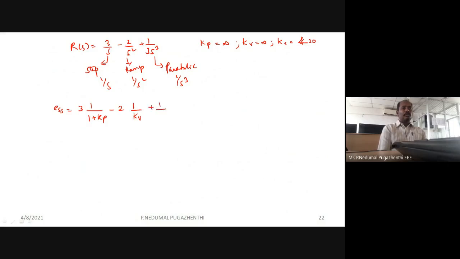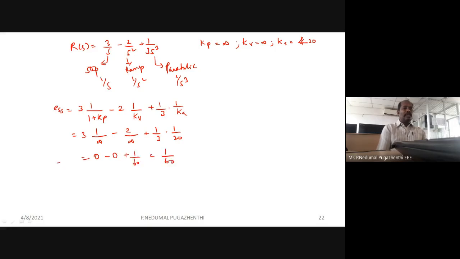Again plus 1 by 3 will be there, 1 by Ka. You know Kp is equal to infinity, so 1 by infinity minus 2 by infinity plus 1 by 3 into 1 by 20. Anything by infinity is 0, minus 0 plus 1 by 60, which gives me 1 by 60.